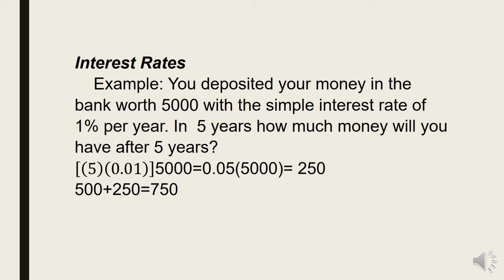So simple interest is equal to 5 times 0.01, which is 0.05, times 5,000.